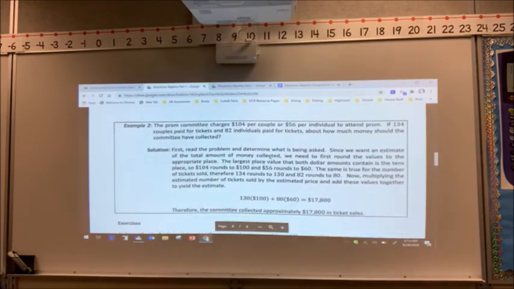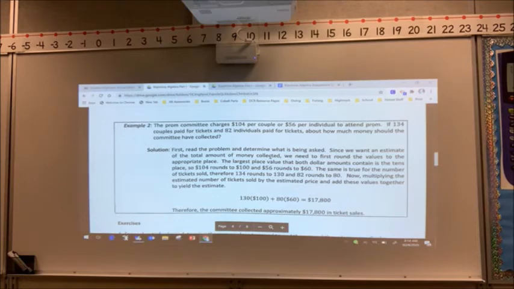In example 2, the prom committee charges $104 for a couples ticket and $56 for an individual ticket to attend the prom. If 134 couples paid for tickets and 82 individuals paid for tickets, about how much money should the committee have collected?